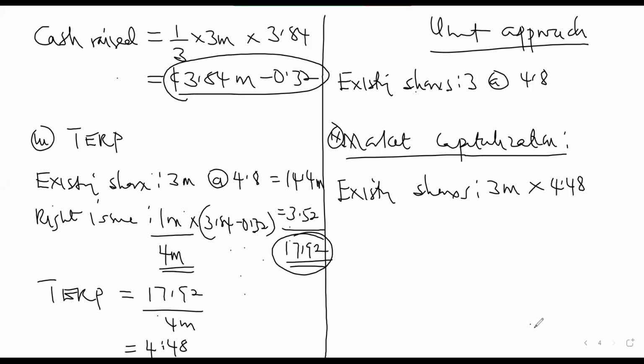And that will give us 13.44. And the rights issue will also be 1 million multiplied by 4.48.